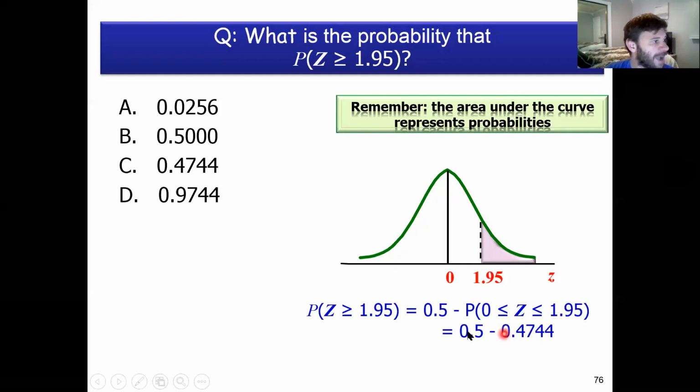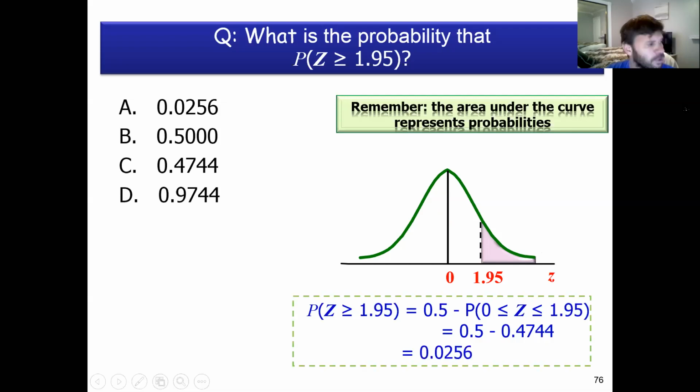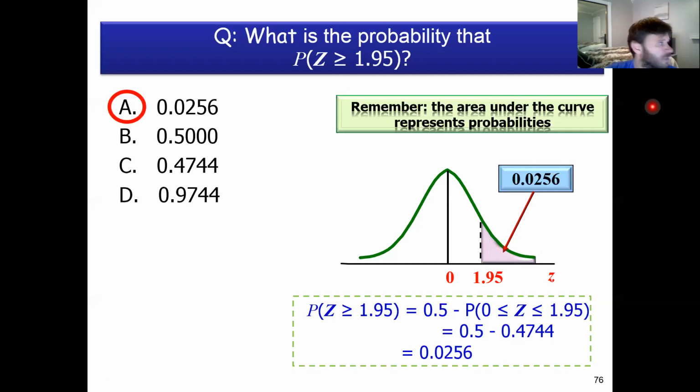And if we subtract that from 0.5, which is the area under the entire right half of this curve, then we wind up getting the correct answer here, which corresponds to about 2% probability, a little bit higher, 2.56%, which again is the area in that upper tail. So that makes the correct answer here choice A.